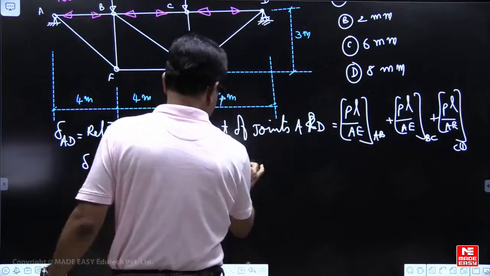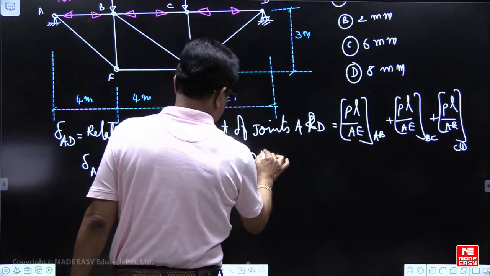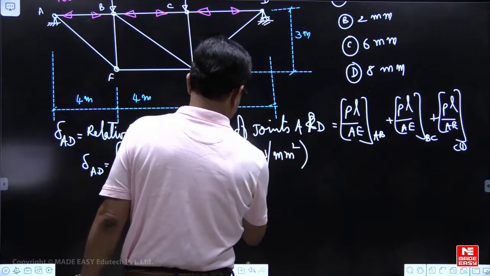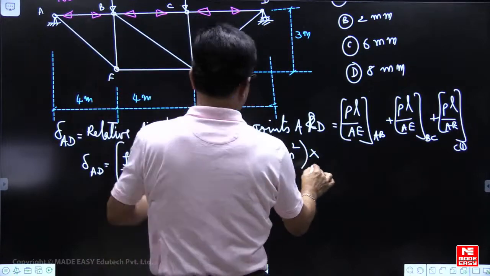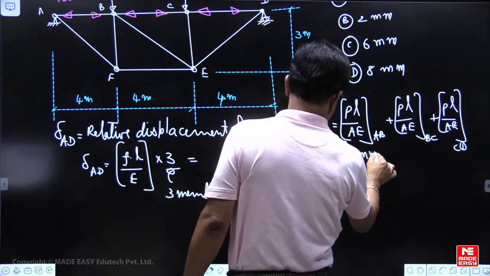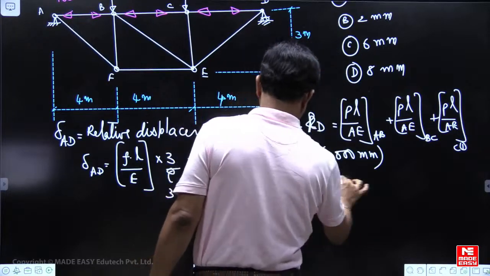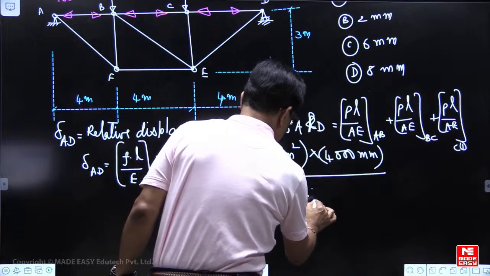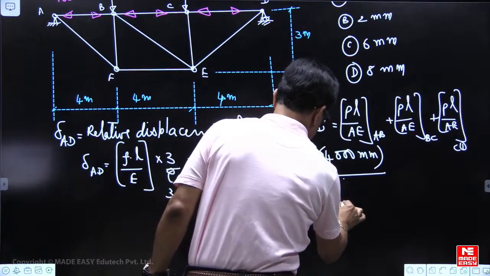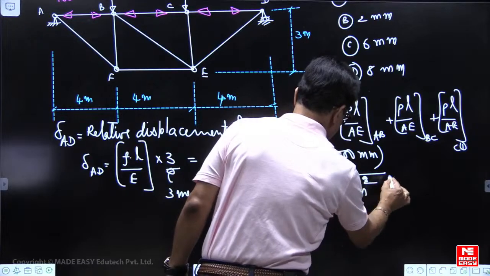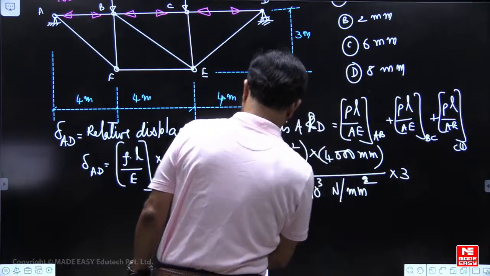So stress is 100, length is 4 meters, Young's modulus 200 GPa, like that 3 are there.